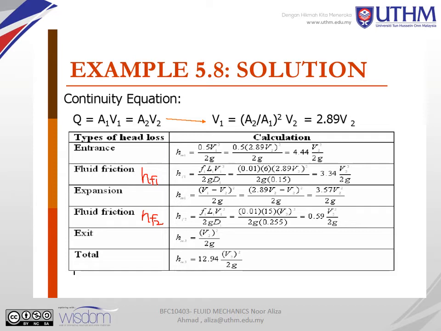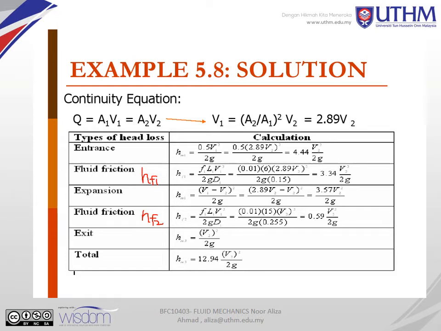You just put velocity 1 into this equation, so we get 0.5 times 2.89 V2 squared over 2g, so we get 4.44 V2 squared over 2g. So we just get the H entrance here.